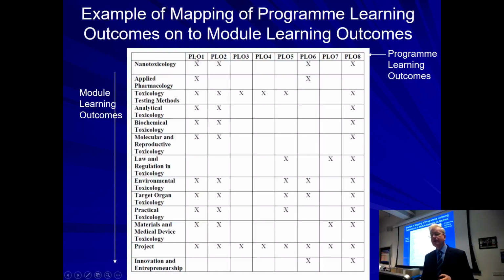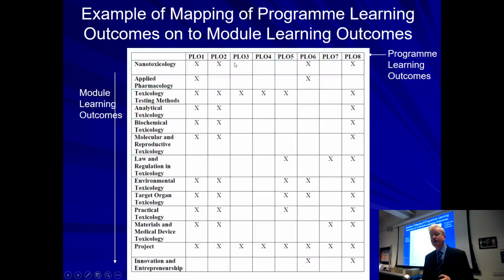He listed out the program learning outcomes along the top here. And then in this grid, he listed out all the various modules. This is an MSc program. Okay, so down here we have all the program modules, each program module having its own learning outcomes. And he then indicated where each of the program learning outcomes was covered in a particular module.